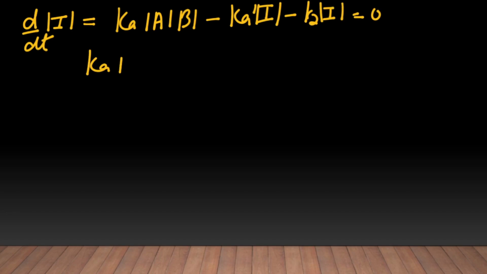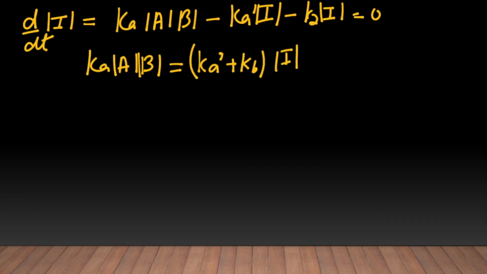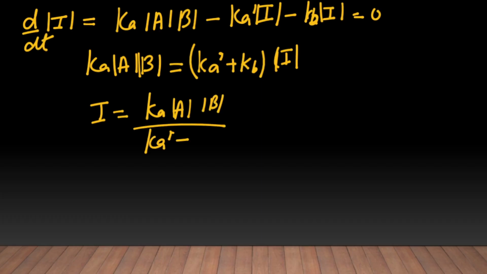So from here, Ka times the A into the B is equal to Ka dash plus Kb times the I, right? This is not K2, this is Kb, right? So from here, the I value comes out to be Ka times the A into the B upon Ka dash plus Kb.